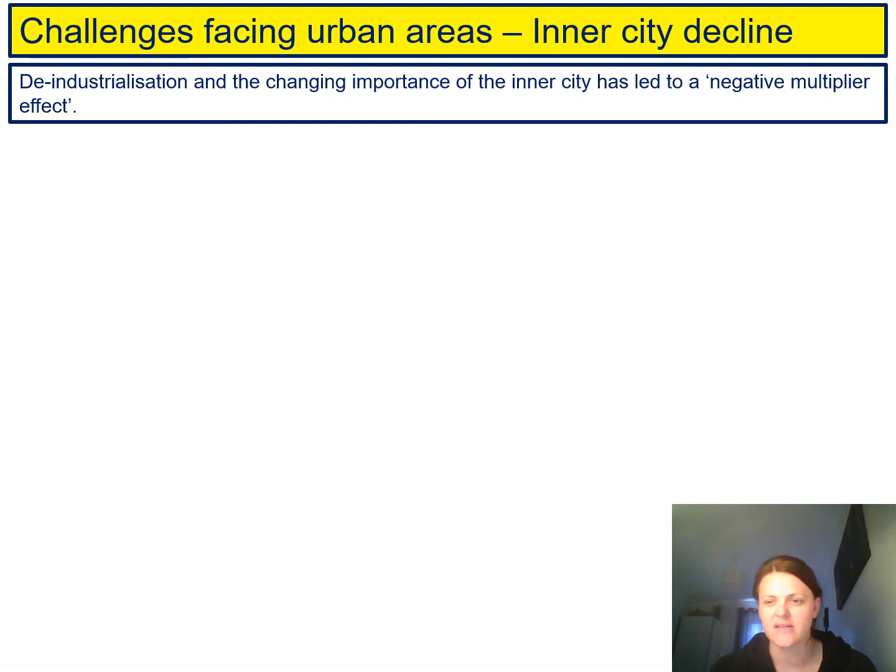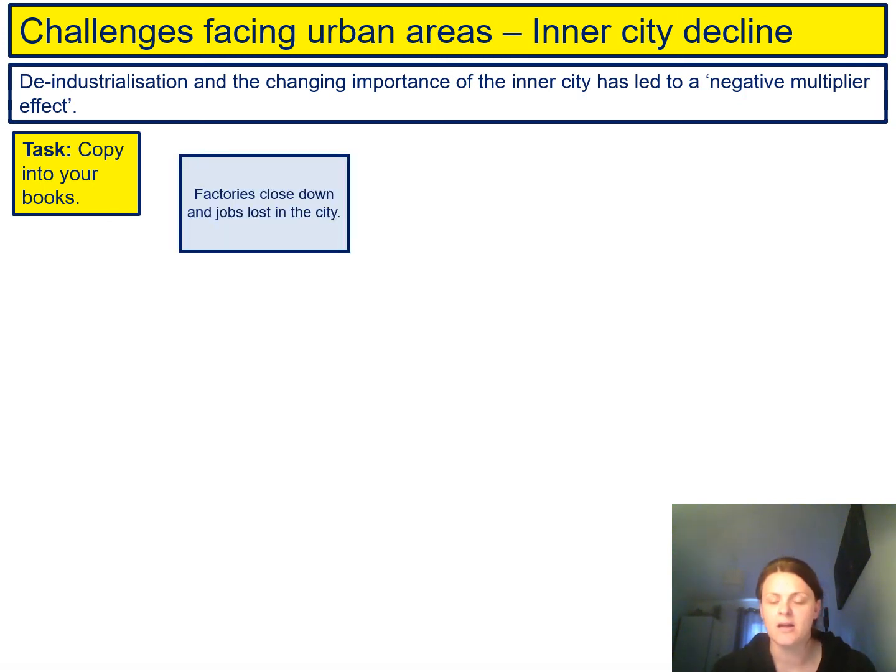Now, what's a negative multiplier effect? I want you to copy this into your books as we go. You might need to pause the video. First of all, this is like a chain reaction. This is what happens because this industry is closing down. First of all, factories in the inner city close and jobs are lost.